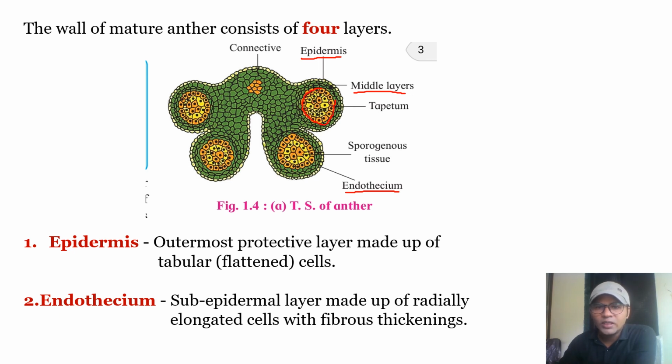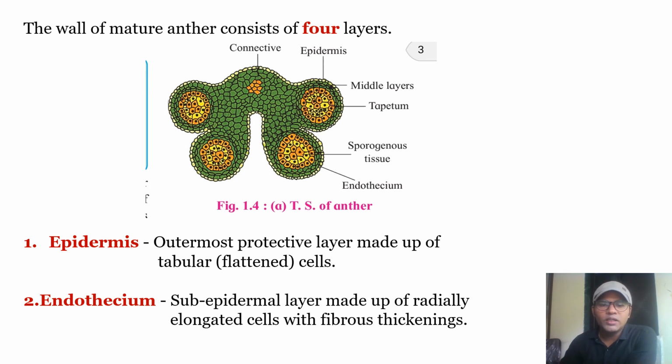Like this, there are 4 pollen sacs: this is one, this is second, this is third, and this is the 4th pollen sac. Like this, there are 4 pollen sacs in dithecous anther. So we will study in detail about wall layers.